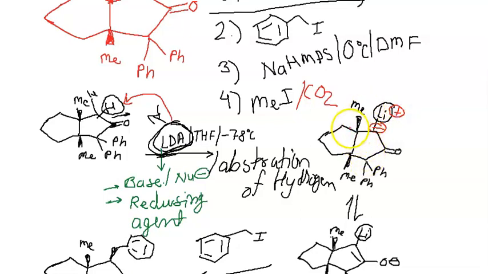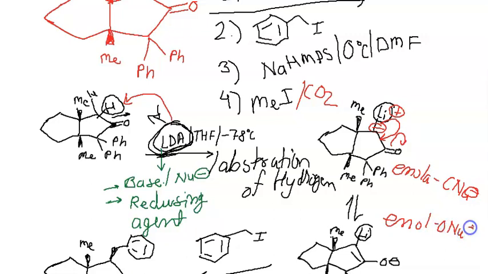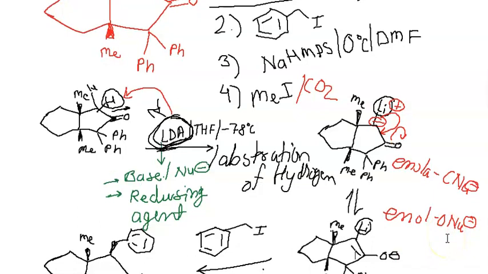This negative charge is delocalized onto the carbonyl group, giving a carbon nucleophile and an enol oxygen nucleophile. There are two forms of the intermediate.